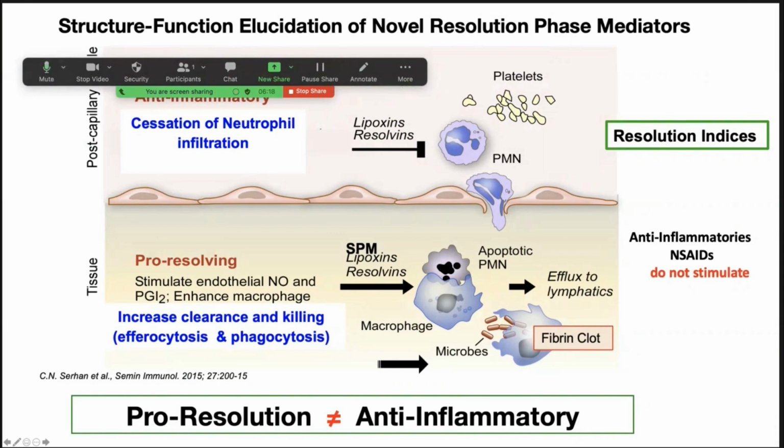And then when cells become apoptotic after defending us, the PMN, they are phagocytized by macrophages in a process called efferocytosis, and this is enhanced by SPMs, as well as upregulation of phagocytosis, killing of microbes and bacteria.